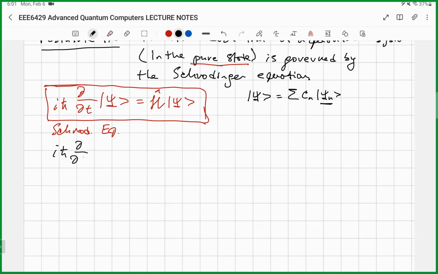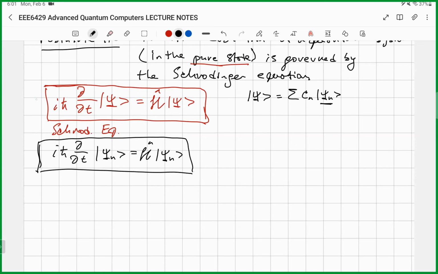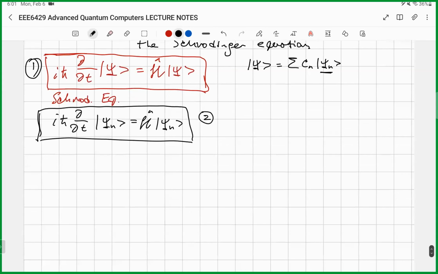For example, I can write, similarly, the same for the state psi n. So this is a similar equation, but this one is for the vector state, this psi state, and this second one is for the particular eigenstate psi n. This is the kind of tricky moment.